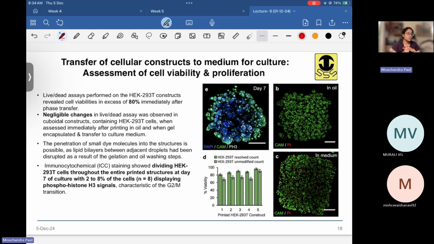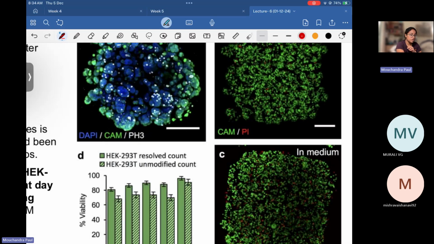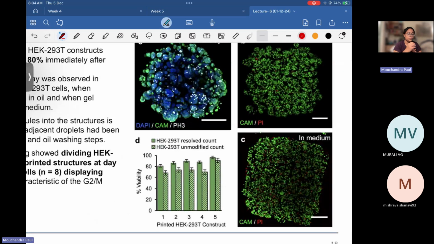And what we see is that the cell viability is around 80%, which is almost the same as we saw previously when the construct was in oil. So there is not much difference in cell viability between the two conditions.